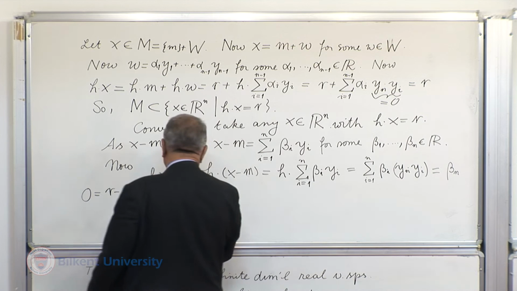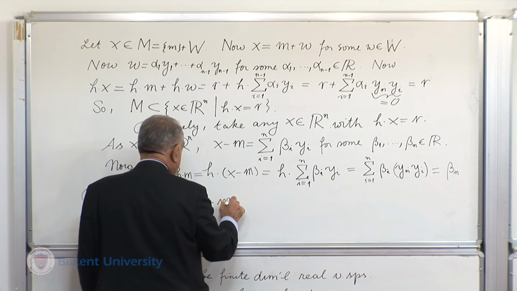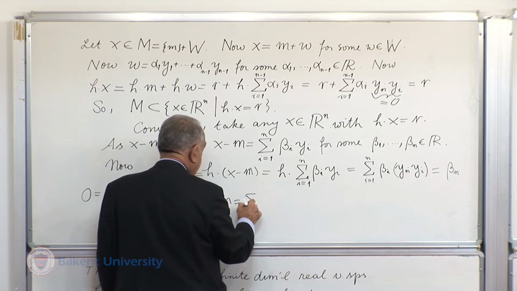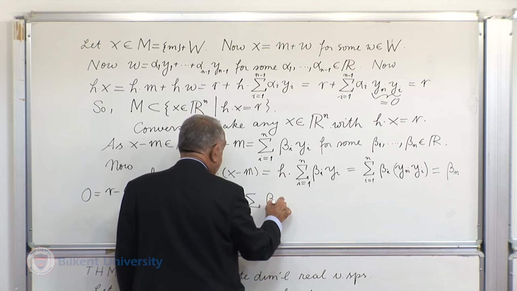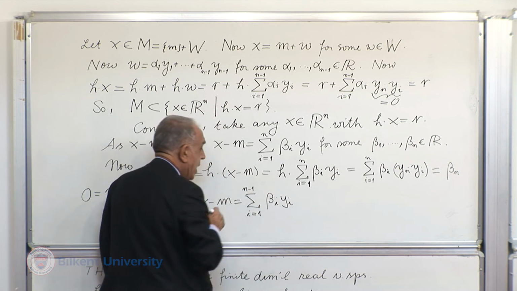So x minus m is equal to the sum of beta i yi, i from 1 to n minus 1.